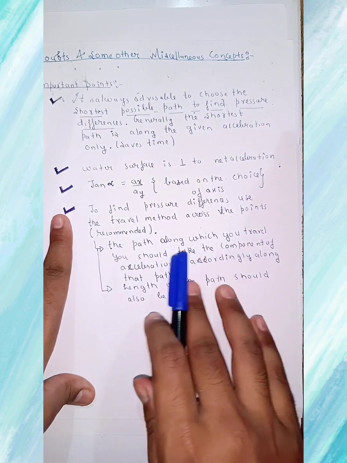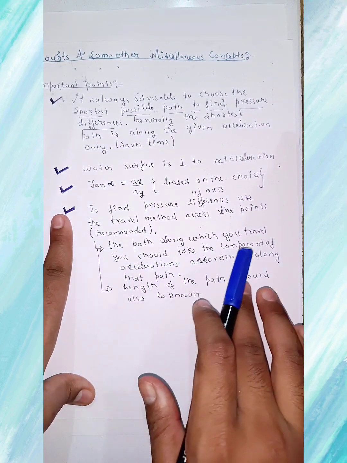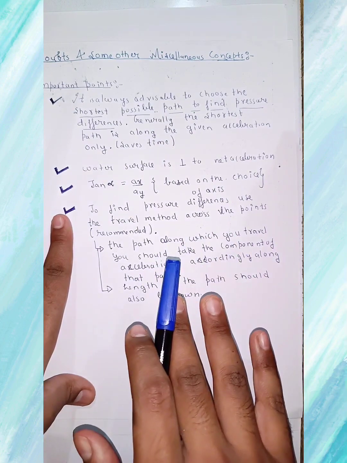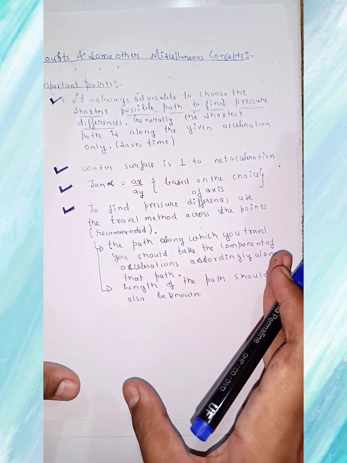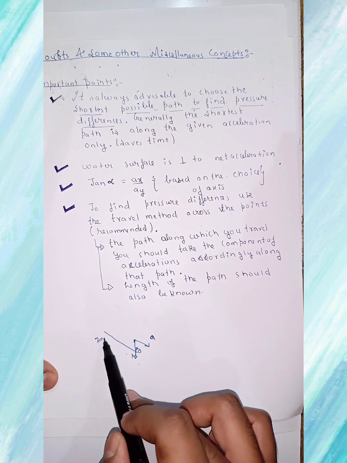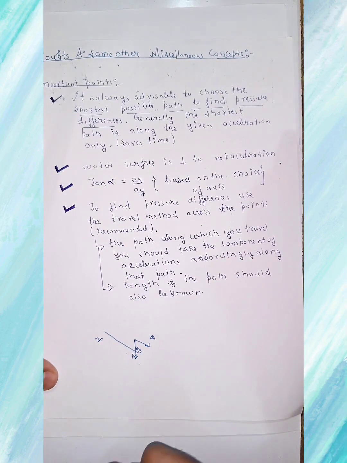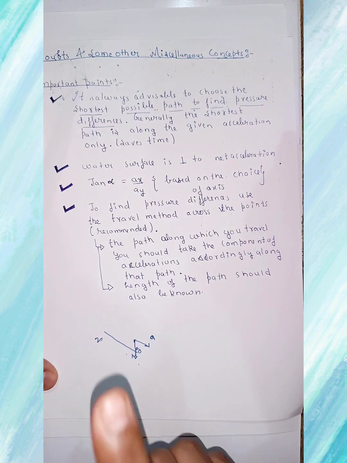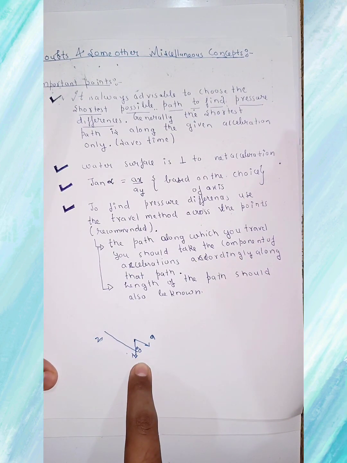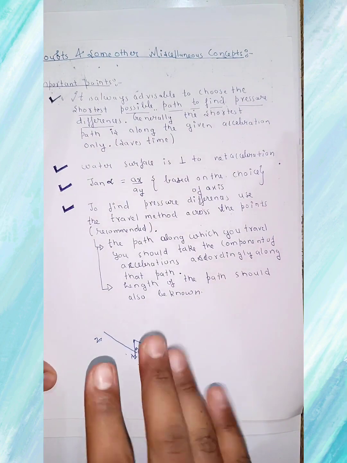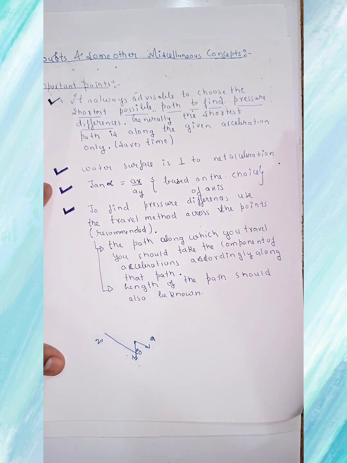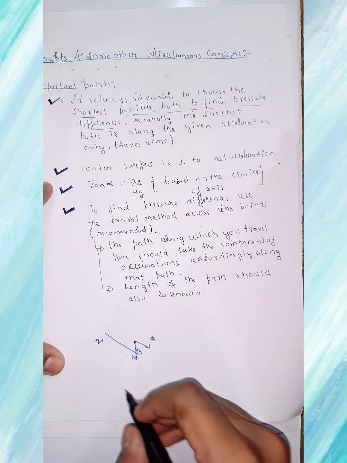The path along which you travel, you should take the component of acceleration accordingly. This is another important point. So in this situation I have decided to travel along this path, the shortest path, to find the pressure difference. In this direction we should take all the possible components of acceleration. So what are the possible components?